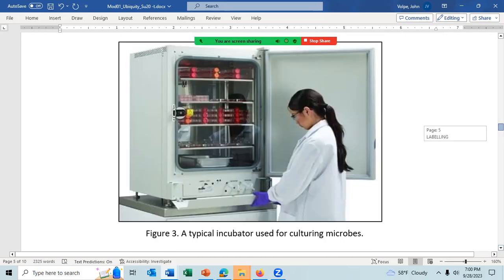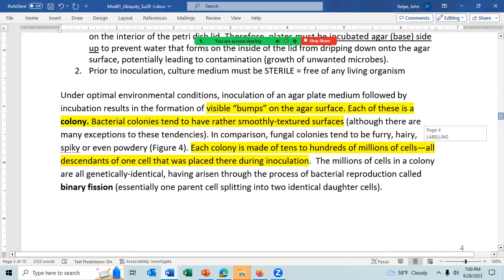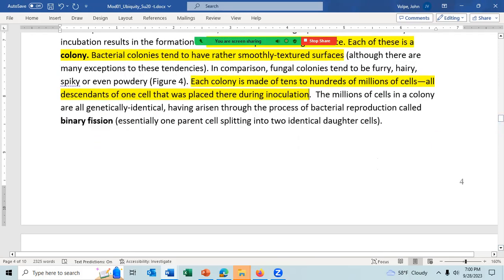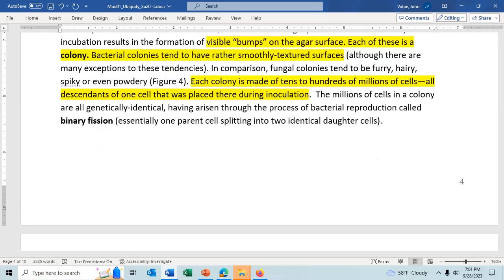But the point is that the millions of cells in a colony were derived from one or a few cells that went through division, and bacteria grow by binary fission. We'll talk more about binary fission later in the class. Essentially, one cell will split into two in binary fission.